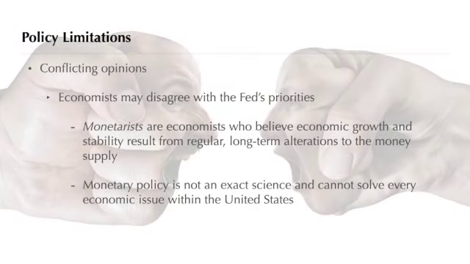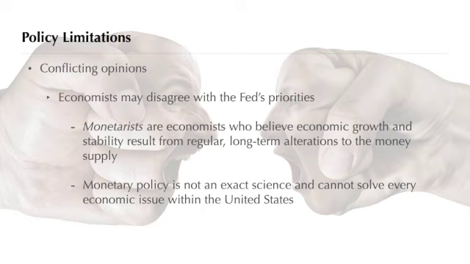A final limitation on monetary policy effectiveness is the disagreement some economists have about the Fed's priorities. For example, monetarists are economists who believe economic growth and stability result from regular, long-term alterations to the money supply. Monetarists argue that the Fed's manipulation of the money supply and aggregate demand damages the economy rather than improving it.